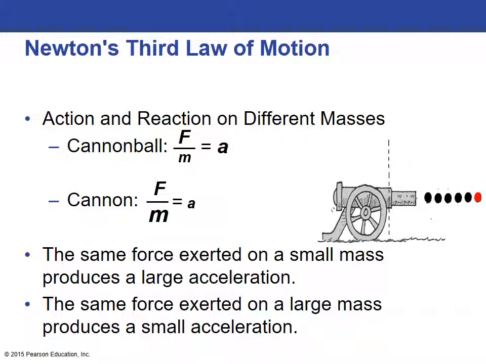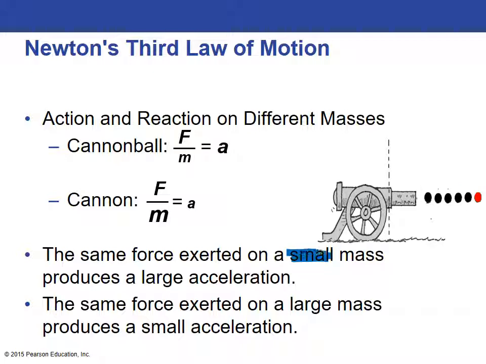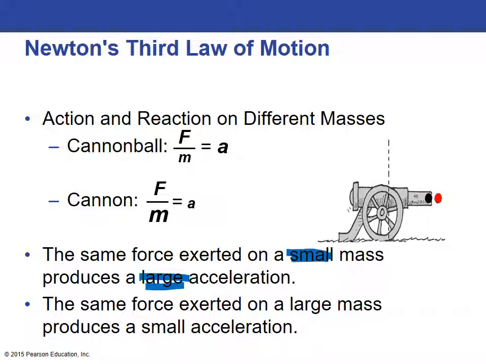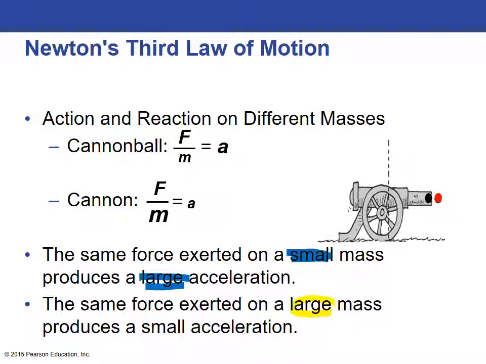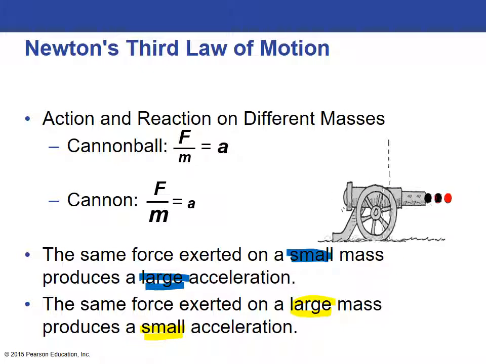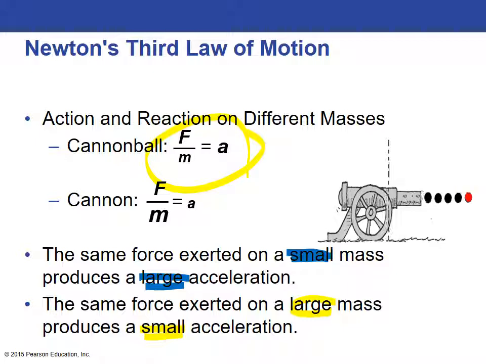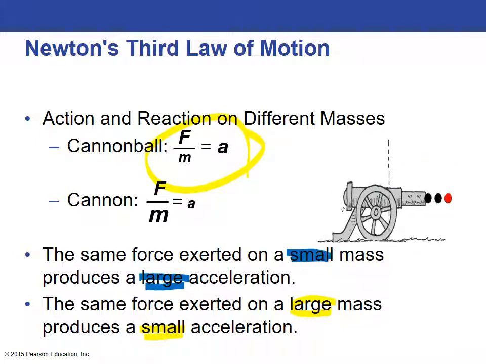Another way to look at it: a force exerted on a small mass gives us a large acceleration. A force exerted on a large mass gives us a small acceleration. And that is because of Newton's second law, how we define what acceleration is.